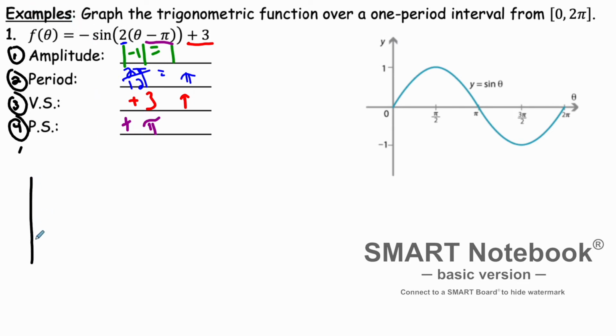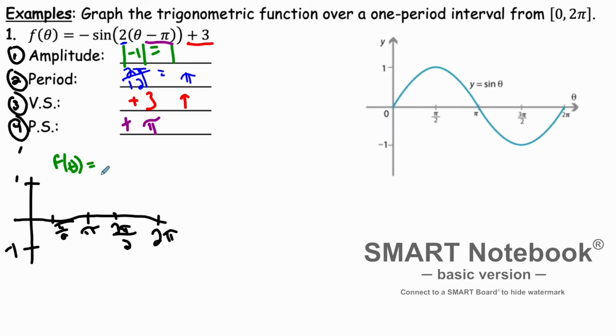Let's start off by graphing that. We're still doing 1 to negative 1. My x coordinates are still the same: pi over 2, pi, 3 pi over 2, and 2 pi. This one I'm going to do in green. The function f of theta is equal to negative sine theta.